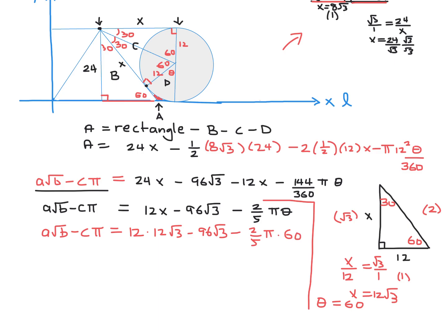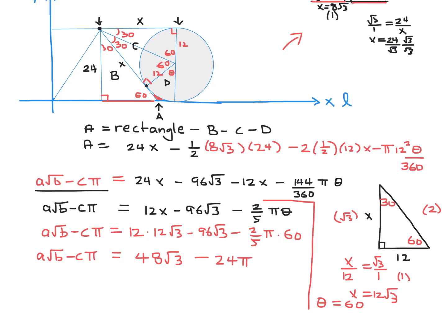Yeah. Okay, so this is 144 pi minus 96 pi, so that would be 144 minus 96, 48 pi. And this looks to me like 60 divided by 5 is 12, 12 times 2 is 24. And I believe we're done.